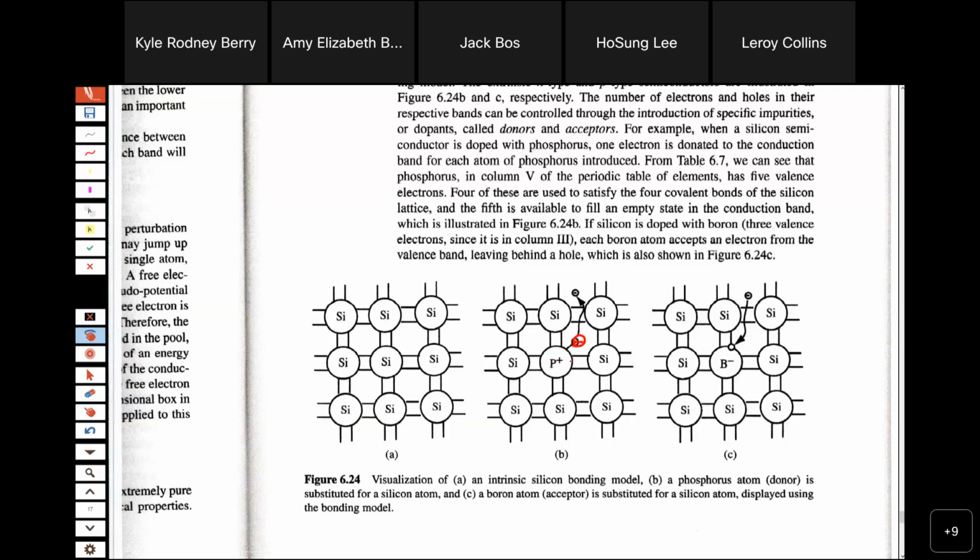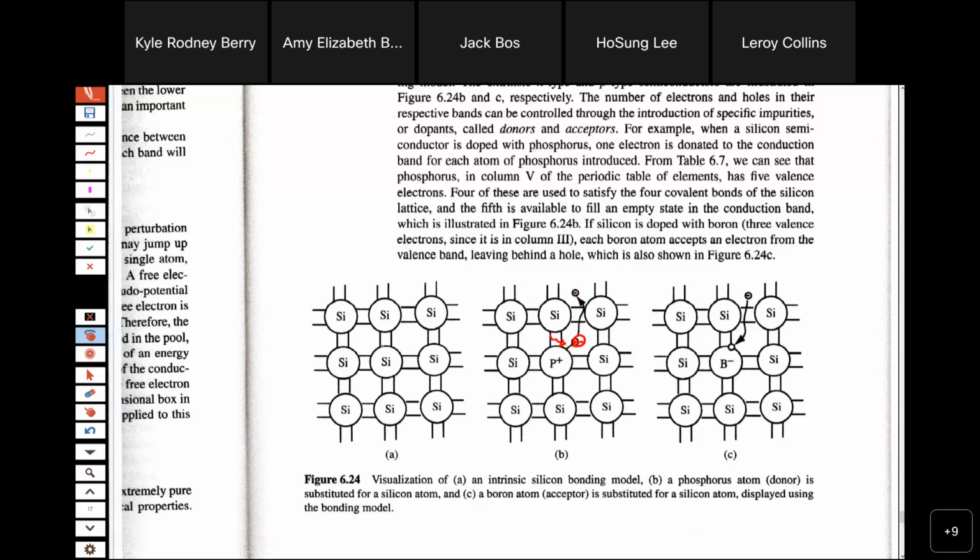Phosphorus has 5, silicon has 4, so one is left. In this case, much less energy is needed, and it becomes free very easily. So that the electron can be free.